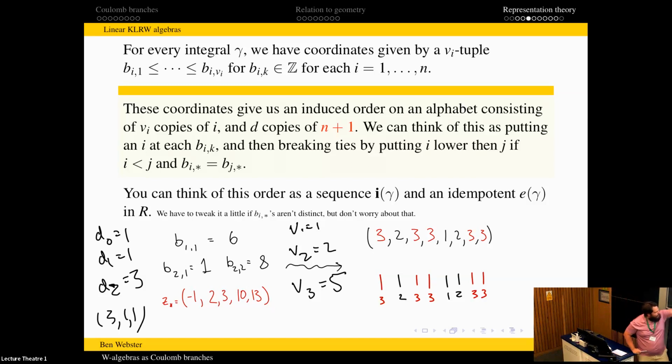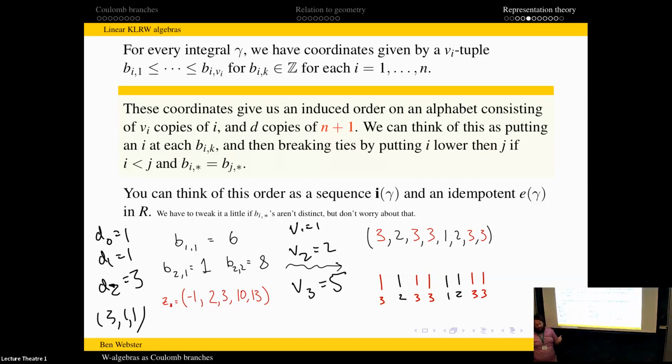All right, so I have a co-character into GL_1, a co-character into GL_2, and a co-character into GL_5. And I look at the eigenvalues I get, and I just pay attention to how they're ordered on the real line. So I chose one particular example, 6, 1, 8. So for example here, 6 is between 1 and 8. So I should have two 2's and a 1 between them.